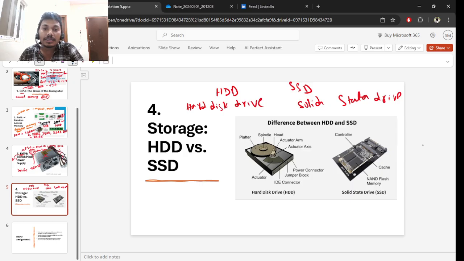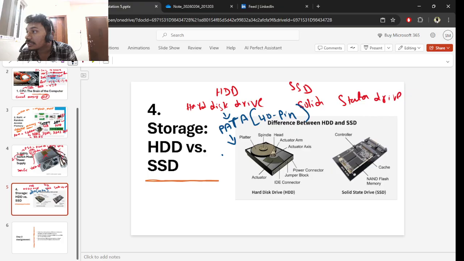In HDD, we have the traditional one that came with PATA. Okay. This PATA is the older one with 40 pin connectors. And then after PATA, it came to SATA.